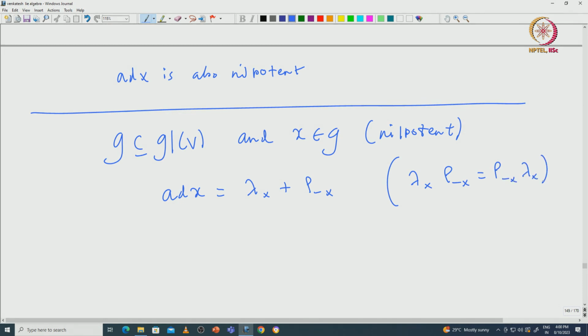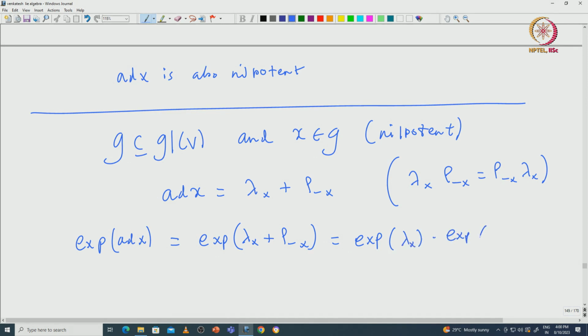In particular, if I take the exponential of ad x, it will look like the exponential of lambda x plus rho minus x. But the law of exponentials tells that whenever these two terms commute, I will be able to split this exponential into a product: exponential of lambda x times exponential of rho minus x. Going back to the definition, exponential of lambda x will be lambda of exponential of x.